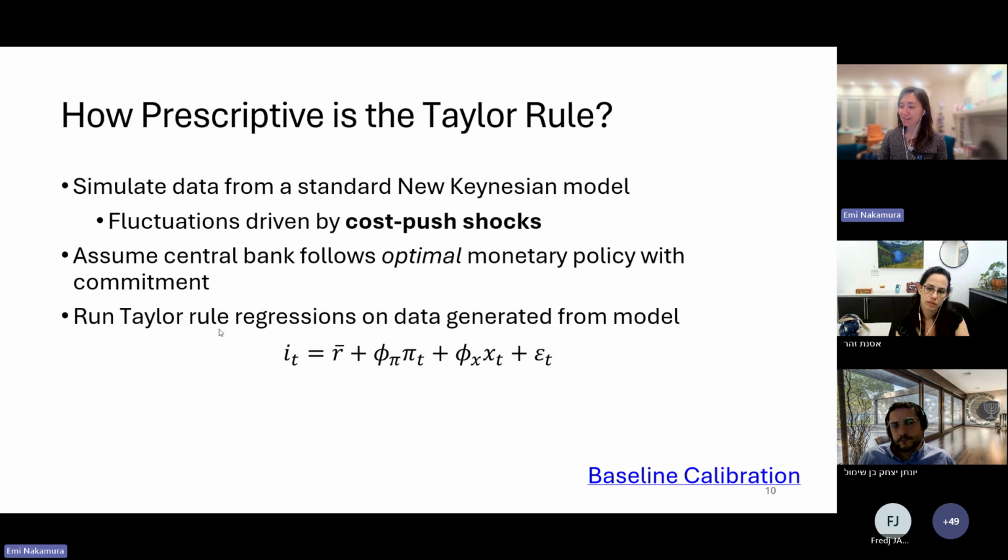What if you run a Taylor rule regression just like we did? Would it look like this central bank, which we know is actually following optimal policy, is following optimal policy, or would we be critiquing the central bank for not following optimal policy? We're going to adopt a pretty standard calibration of the model with persistent shocks.